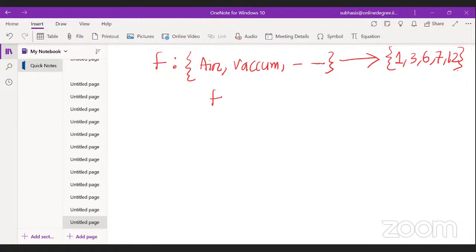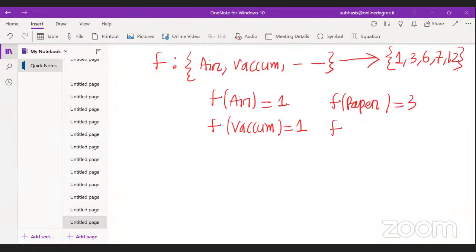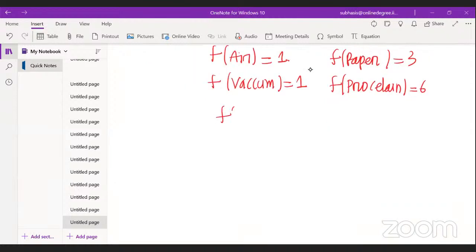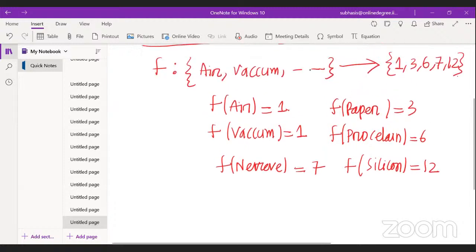The dielectric constant of air is 1, so f of air is 1, and the dielectric constant of vacuum is also 1. So this is your function.